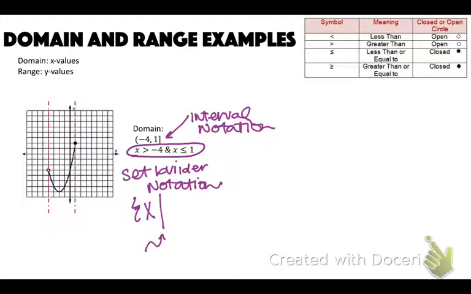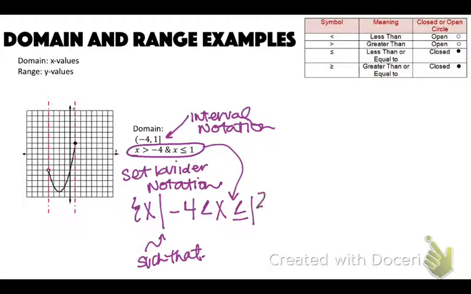So this line is saying such that. And then we need to put this down into here, but I only want one x in there. So if I just write this from least to greatest, negative 4 is less than x, but also x is less than or equal to 1. So I just combined this. I put the x in the middle and flip-flopped it. Okay, this is set builder notation. You do need to know both of these.